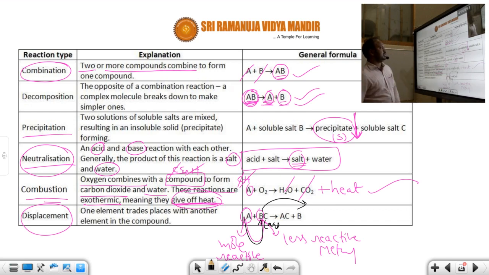That is called a chemical displacement or replacement reaction. What is a chemical displacement or replacement reaction? A more reactive metal can displace a less reactive metal from its aqueous salt solution.